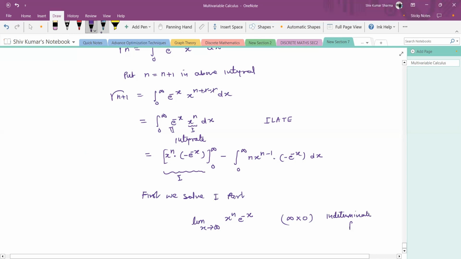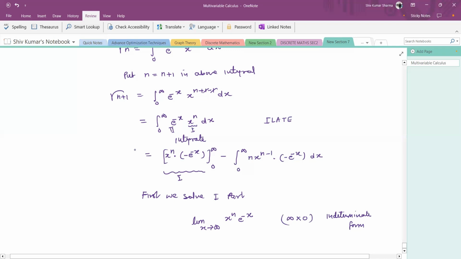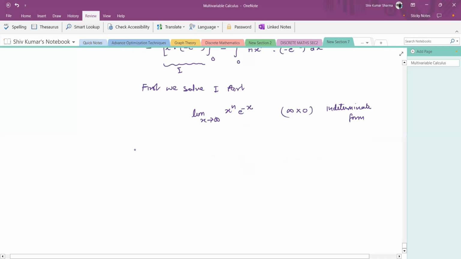When we solve this, it can be written as limit x tends to infinity, x raised to the power n upon e raised to the power x. So this infinity into 0 can be converted into the form of infinity upon infinity.